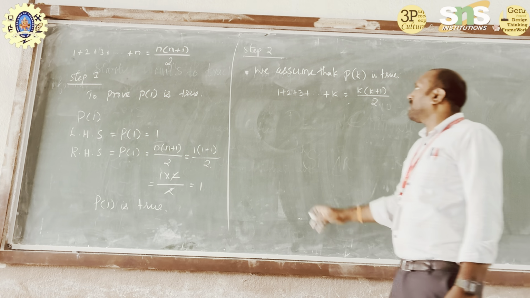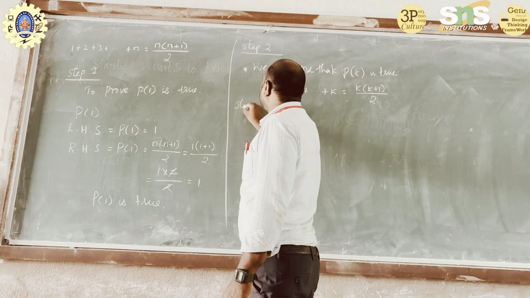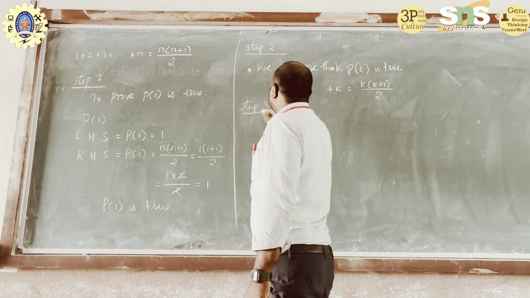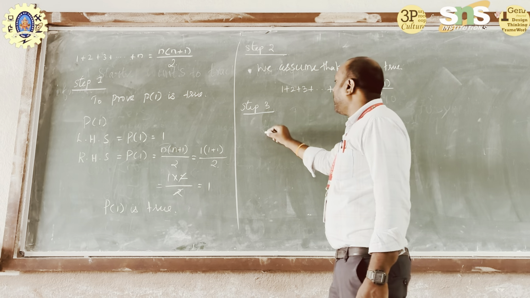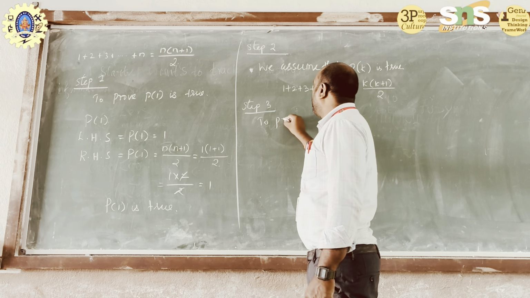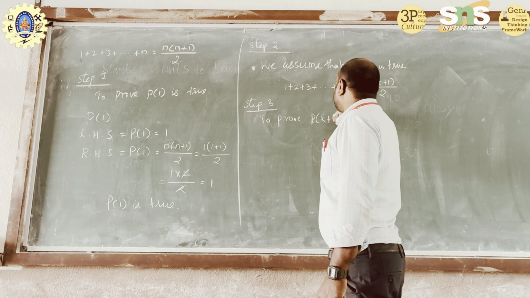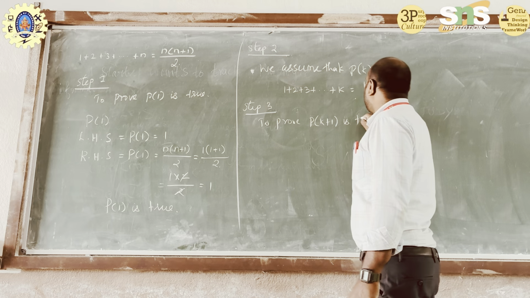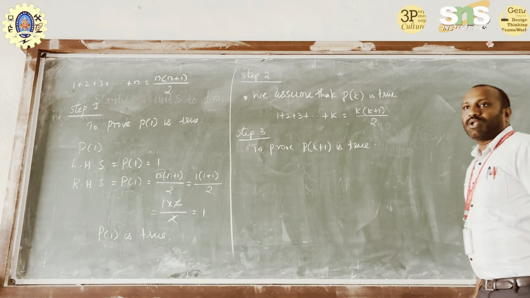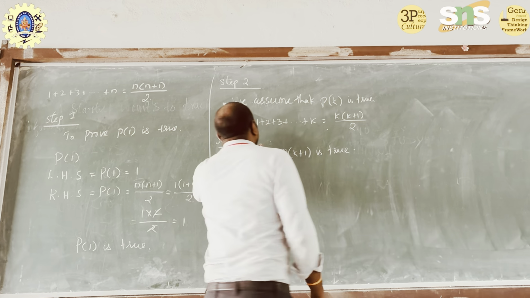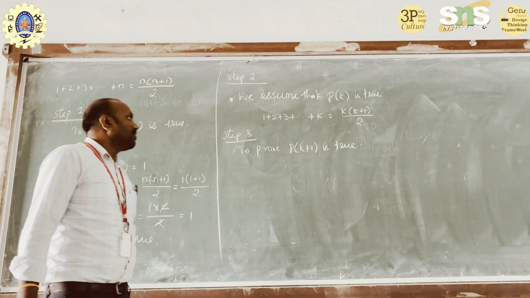Then step 3, we have to prove that P of k plus 1 is true. So let me assume that 1 plus 2 plus up to k is true.